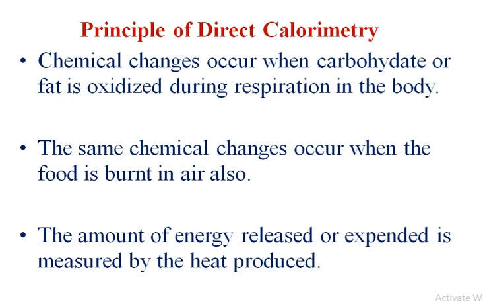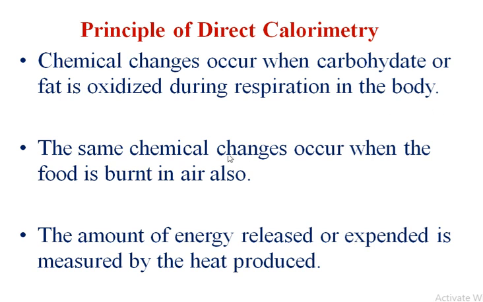Before entering into direct calorimetry, let's see the principles of direct calorimetry. Chemical changes occur when carbohydrate or fat is oxidized during respiration in the body. So whatever food we are consuming, whether it's a carbohydrate food or fatty food, when it gets oxidized inside our body with the help of oxygen, certain chemical changes take place.